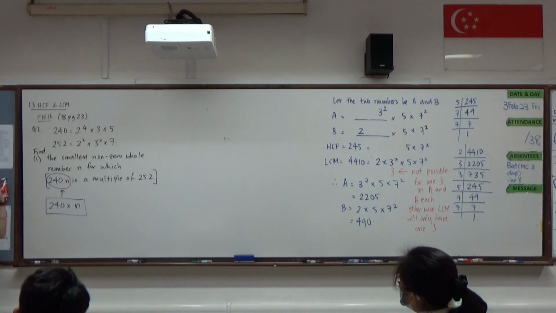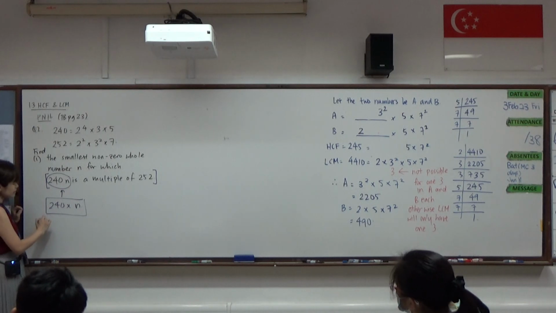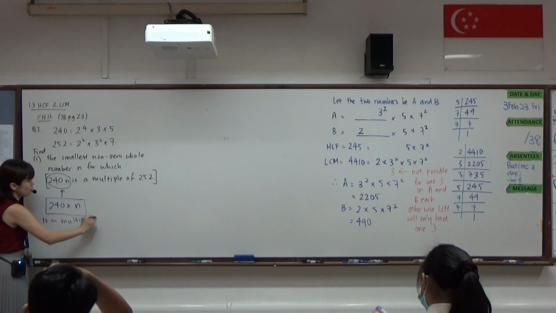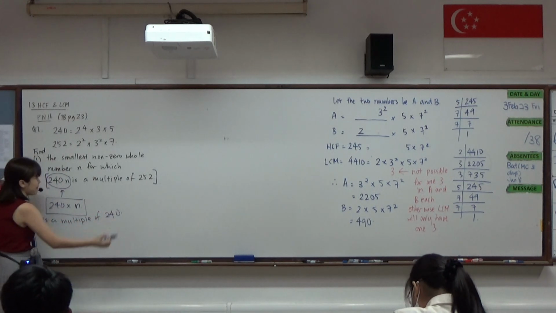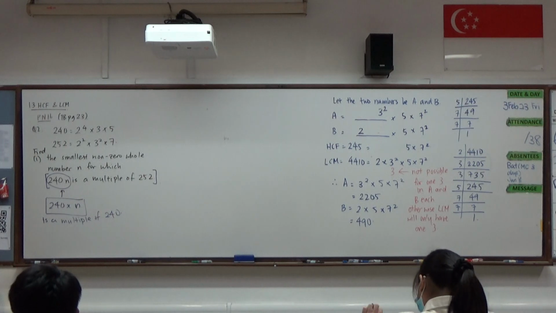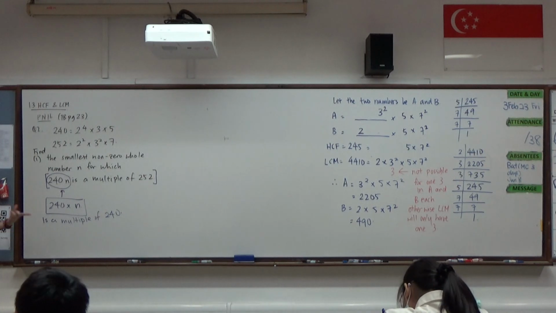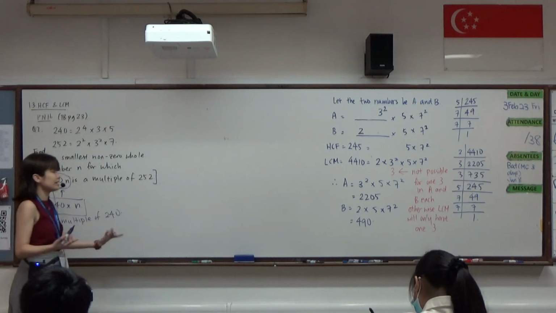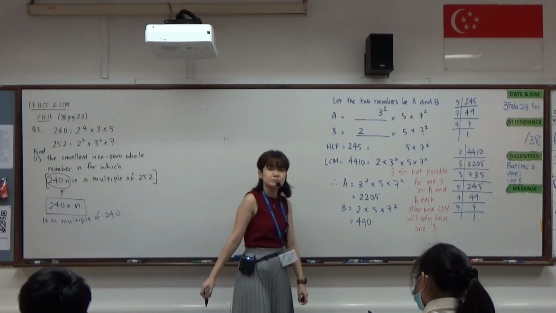It can be times 2, times 3, times 4, from 240. That means that my 240n is a multiple of 240. Agree? 240n must be a multiple of 240 because we times 1, times 2, times 3, and so on, but we don't know what is going to be multiplied.